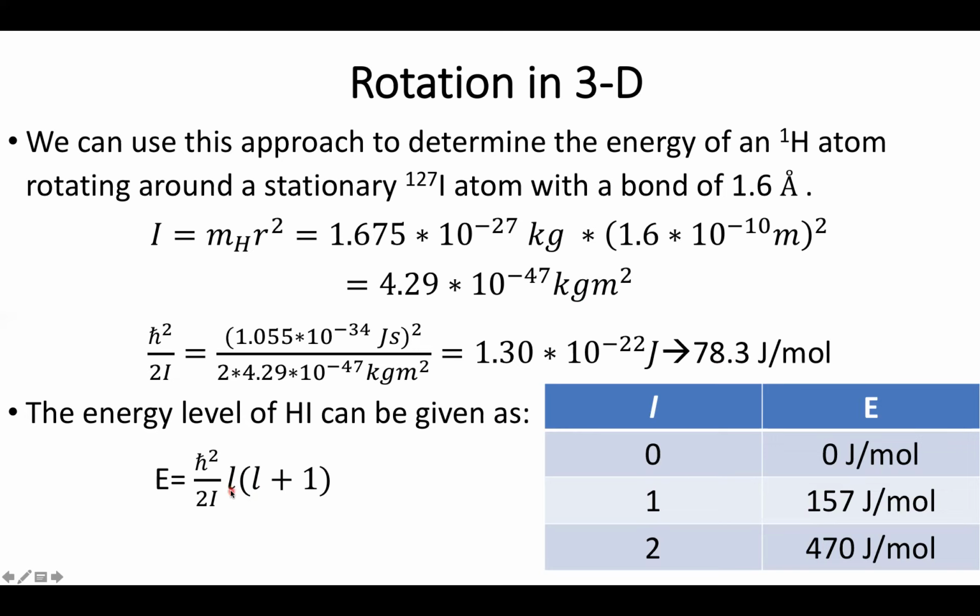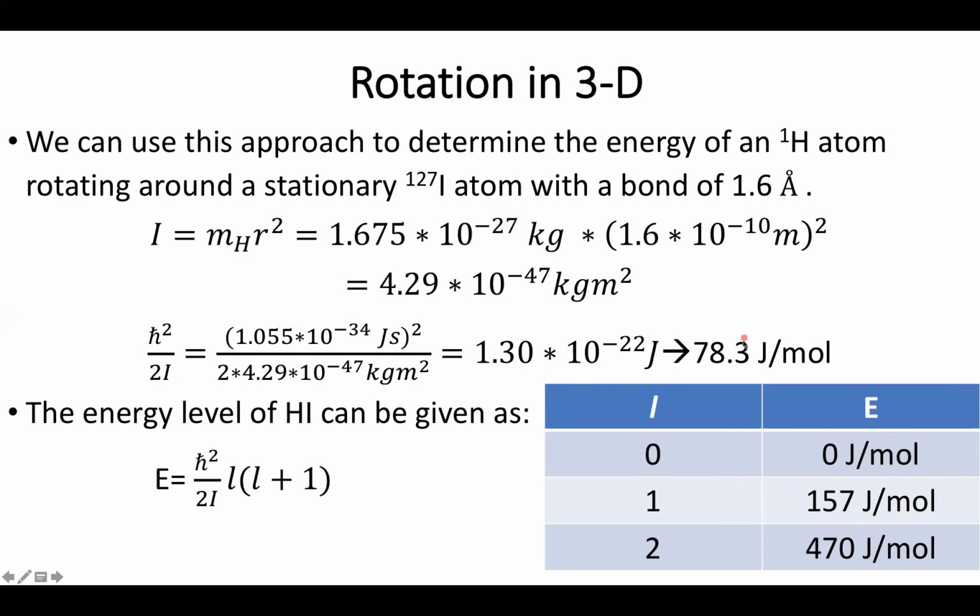However, one of the things I do want to make note of is the degeneracy of this system, because we only have one m sub l value for this first state, so single degenerate. This state becomes triply degenerate because I can have an m sub l of +1, -1, or 0. Then when we go to an L of 2, well, now what we end up having is 2 plus 1, so this is 3 times 2, so 6.